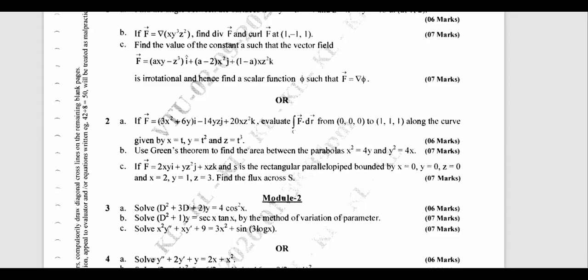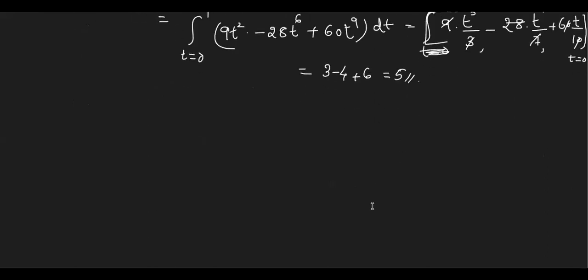How is flux across S given? Over the surface, we have to use the divergence theorem. Flux across S is nothing but F dot ds over S. And we are aware how to take it by divergence theorem.